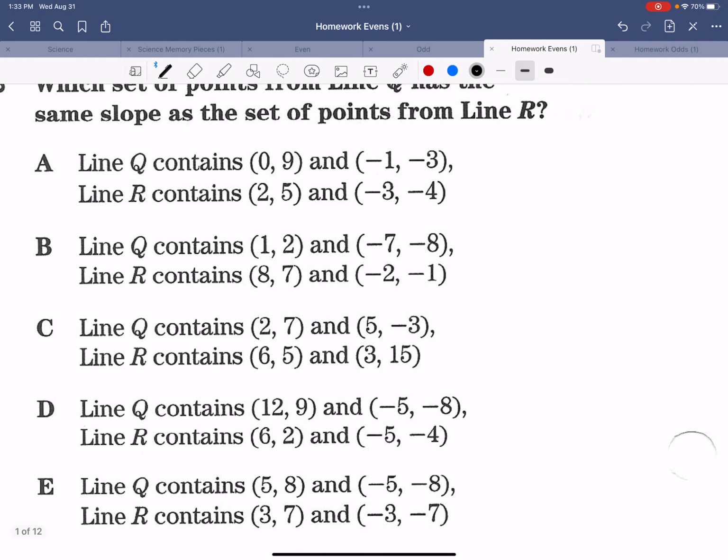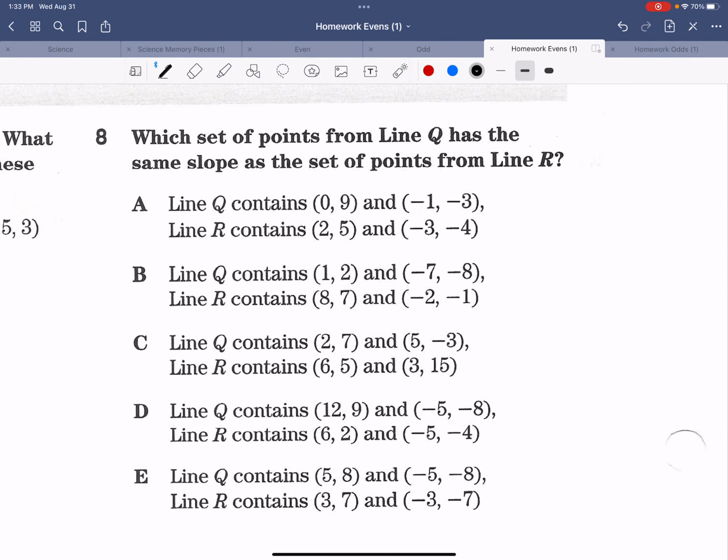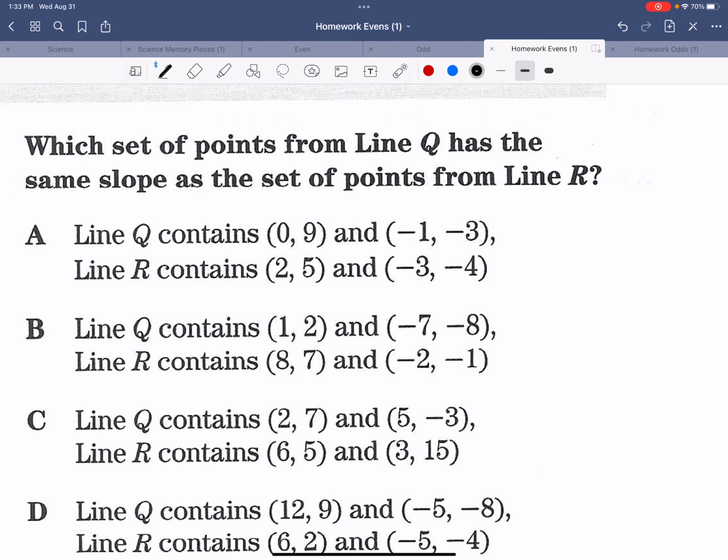Okay, number 8. Which set of points from line Q has the same slope as the set of points from line R? Oh no. All right, we got to do a lot of slope here. A, line Q has the points and line R has the points.